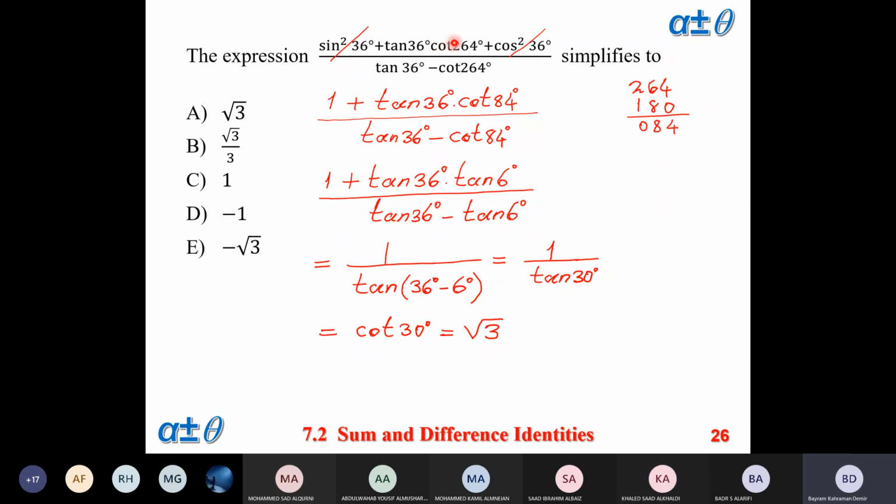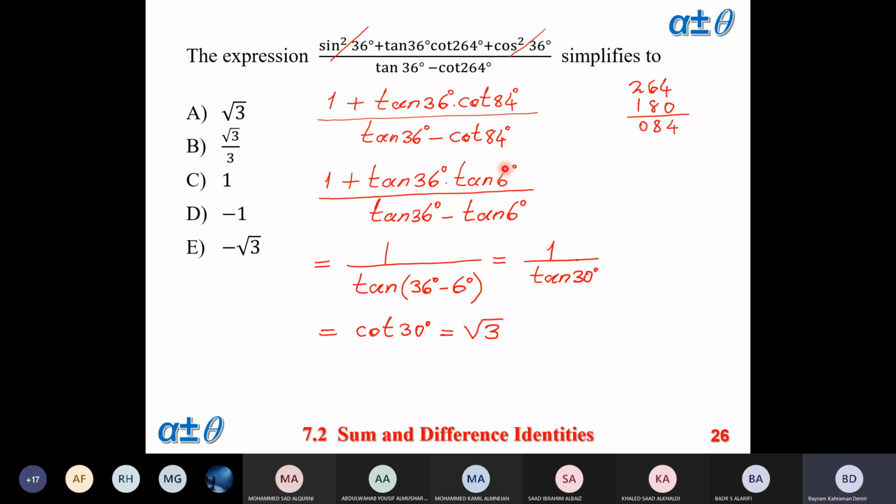So cotangent of 264 is the same as cotangent of 84 in the third quadrant. All right, is this clear? And divided by tangent 36 minus, again, cotangent 84. But I know by the cofunction identities, cotangent 84 is the same as tangent 6. Am I right? Yes.